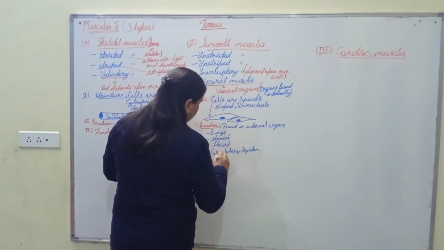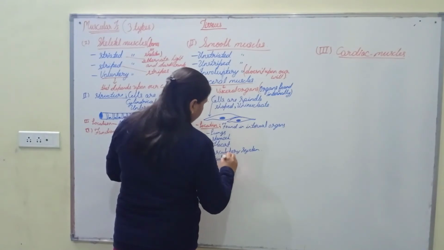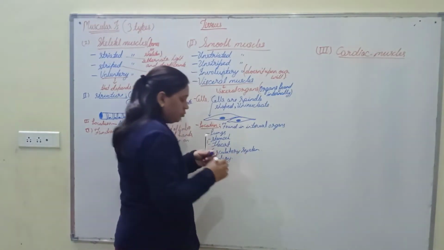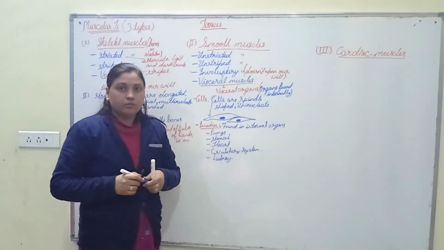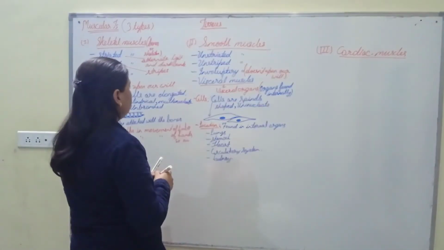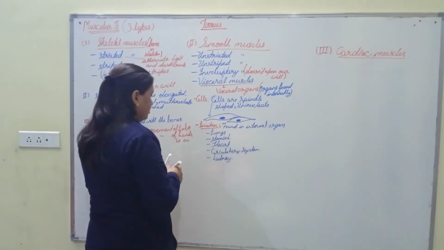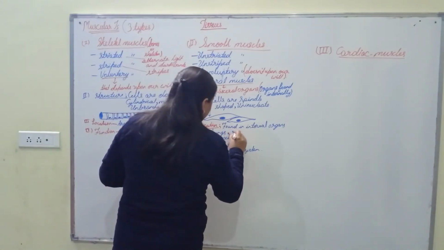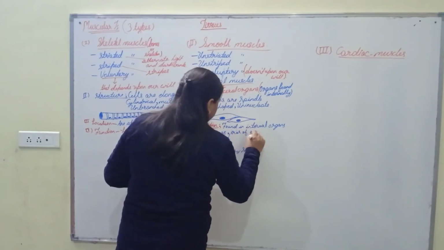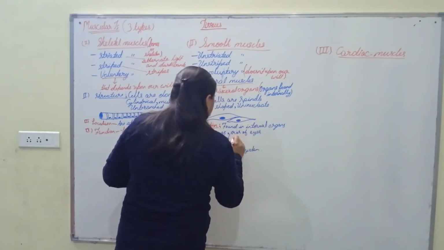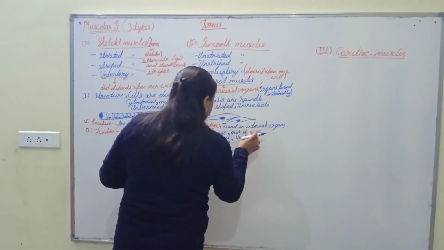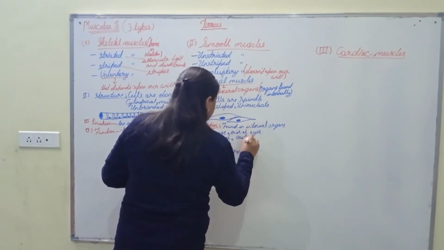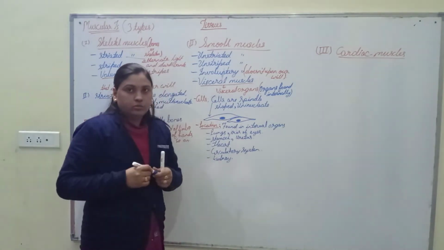Almost all the organs that are found inside our body contain smooth muscles. These are also found in the iris of the eyes, ureter, uterus, and so on.